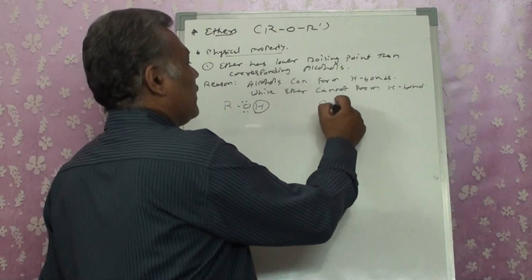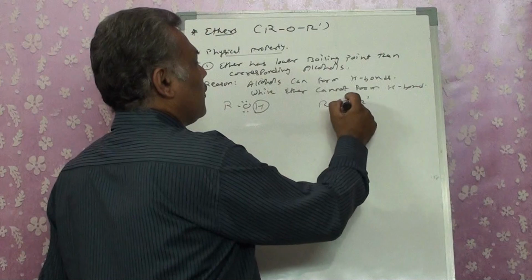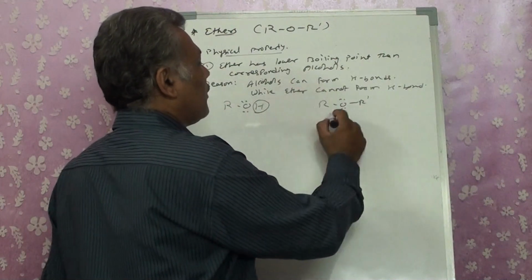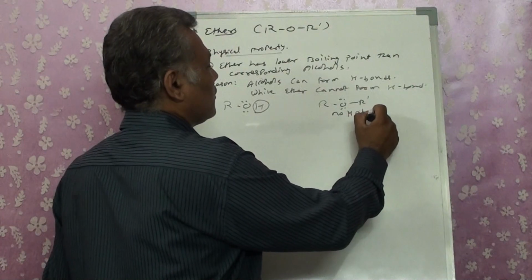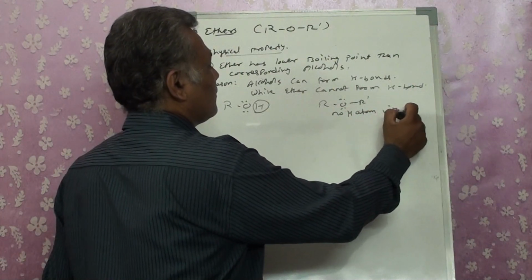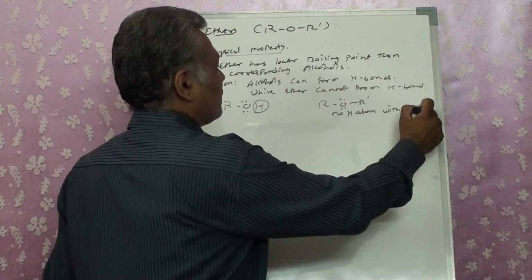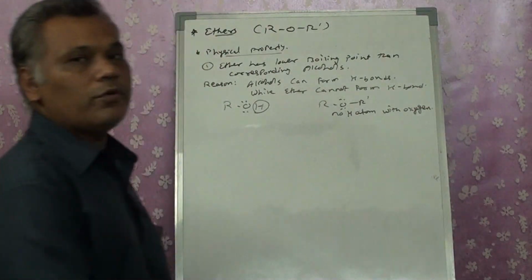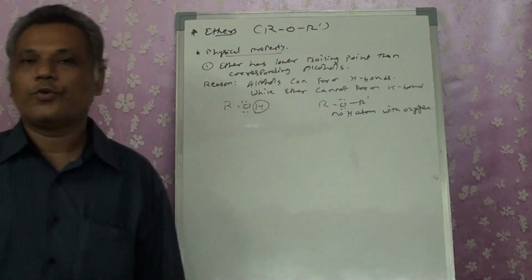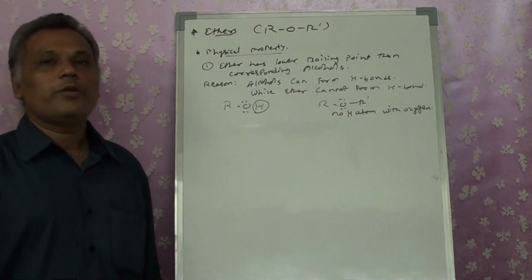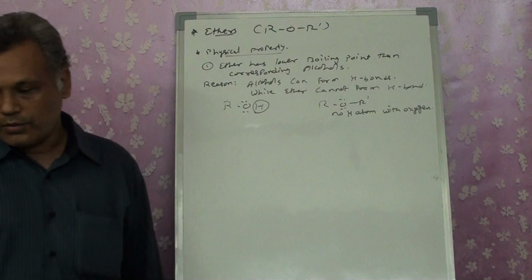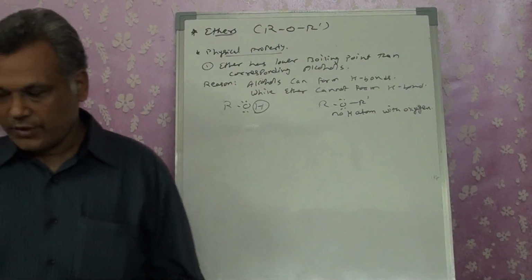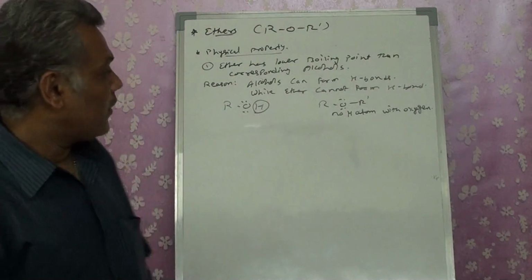But when we have an ether, it has no hydrogen attached to oxygen, and therefore it can't produce hydrogen bonds. As a result, the boiling points of ethers are lower than those of alcohols.